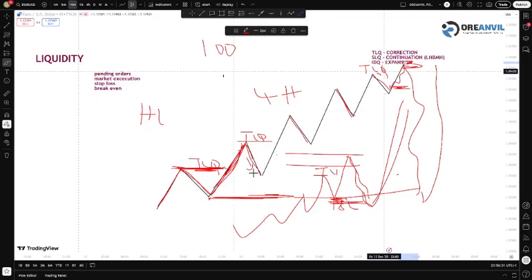So let's say this is a 4-hour structural liquidity that is taken here. On this lower time frame, market won't just deliver straight like this. It's going to give you another form of liquidities. It can give you structural liquidity, it can give you different types of liquidity here to drive you into this new higher time frame liquidity here. So you can have different forms of setup here. You can have a setup as this here.